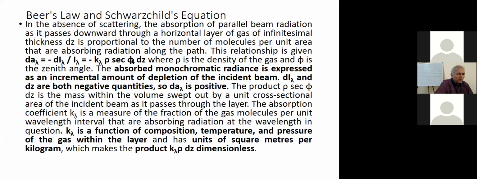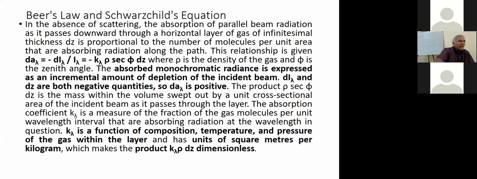For the zenith angle phi, a secant phi component will come. If it is normally incident, the absorption is going to be less. If it is inclined, then obviously the associated cross-sectional area and the associated volume is going to be larger. Rho is nothing but the density of the absorbing gas. K lambda is what we call the absorption coefficient.